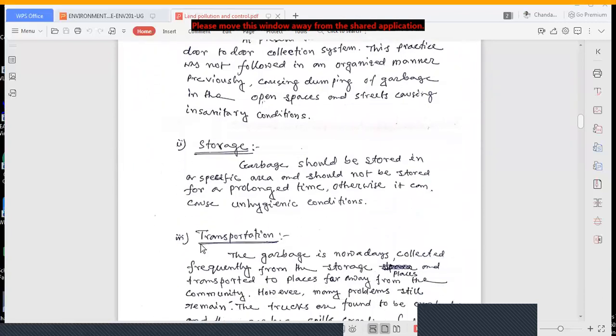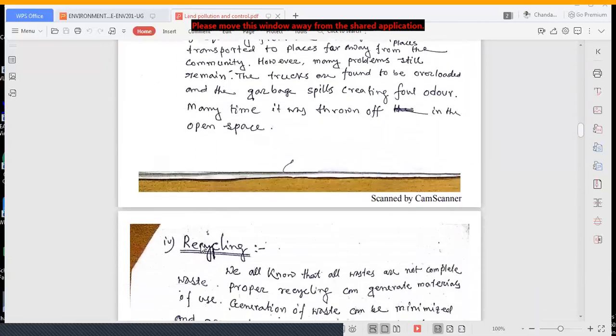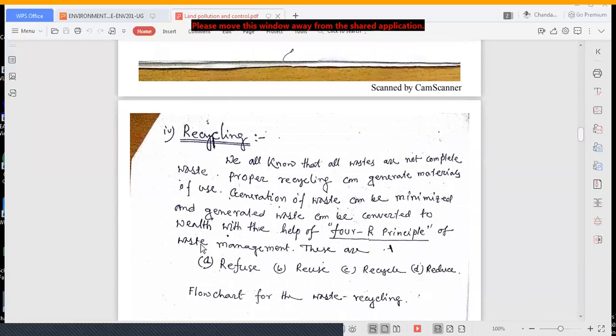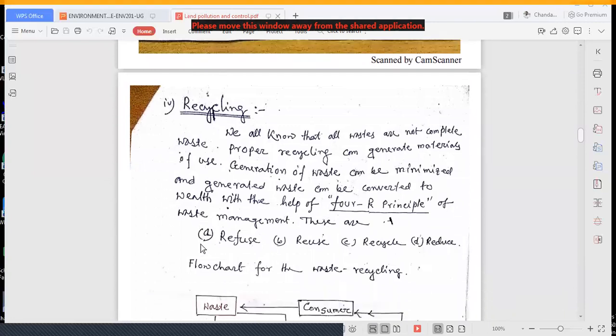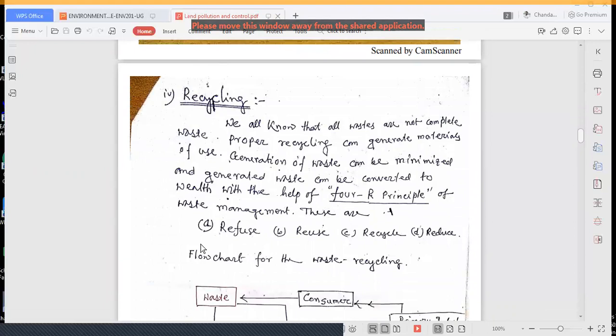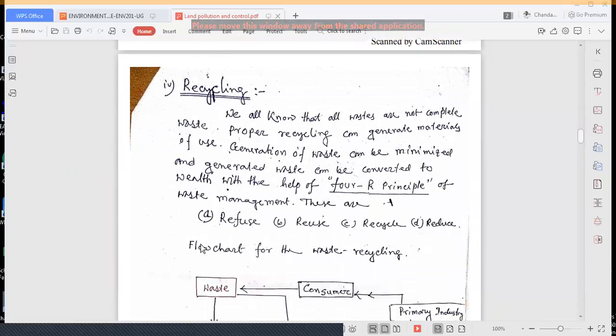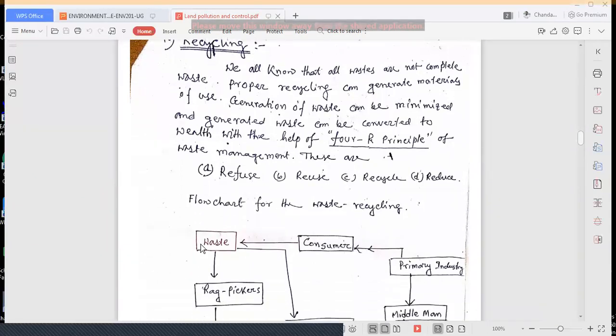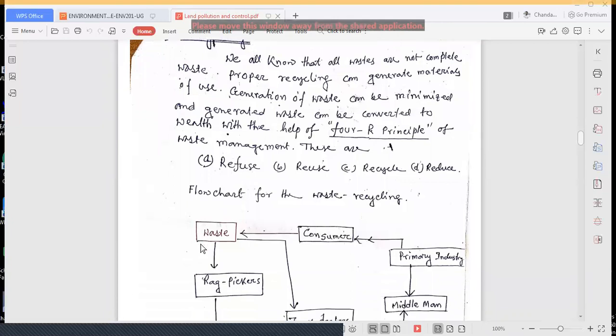Number three, transportation. Number four, recycling. In recycling, there is the 4R principle. So the recycling procedure follows the 4R principle, that means refuse, reuse, recycle, and reduce. Following is the chart for waste recycling.